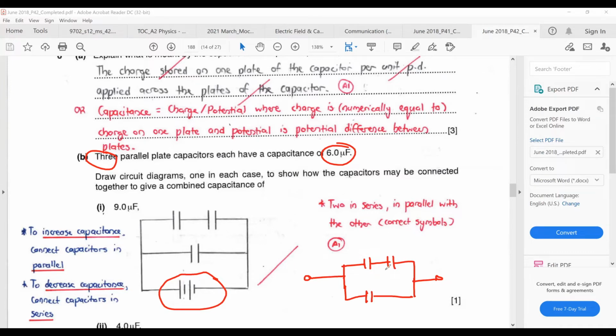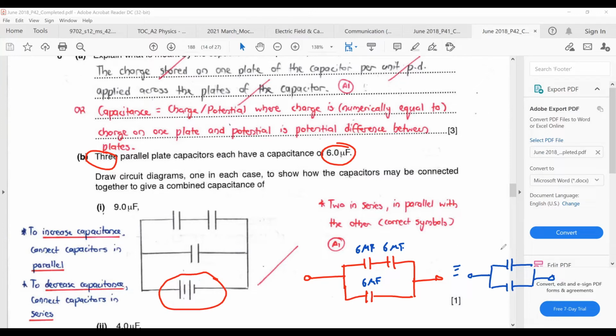So if this one here is 6 microfarad, 6 microfarad, and this one is 6 microfarad, you can try and see whether it works out to 9. You know that you can simplify the parallel one first. If you simplify the parallel one first, this one is connected in series, it will be akin to resistors in parallel.